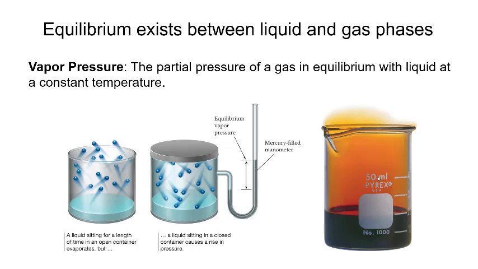Have you ever thought about why these puddles evaporate? So we know that the boiling point of water is 100 degrees Celsius, or 212 Fahrenheit. So we know that when we increase the temperature to 100 degrees Celsius, we're going to observe this boiling event, and boiling is our transfer between liquid and gas phase.